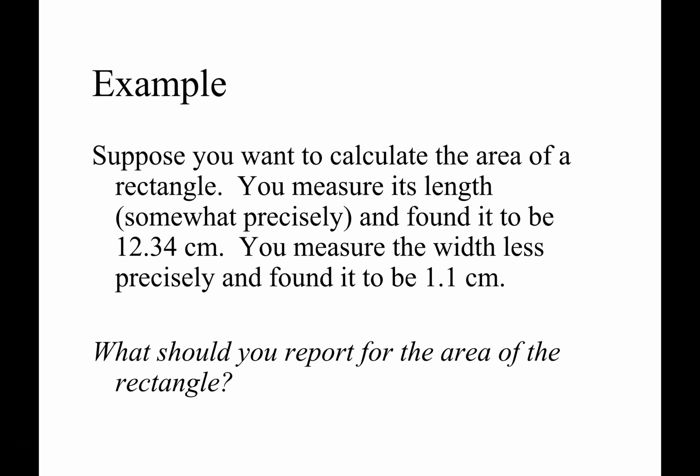So we're going to multiply those two together. Just based upon this rule over here, okay, let's see. How many sig figs in 12.34? Use your fingers. Very good. 12.34. How many sig figs in 1.1? 2. So what's the fewest number of sig figs?